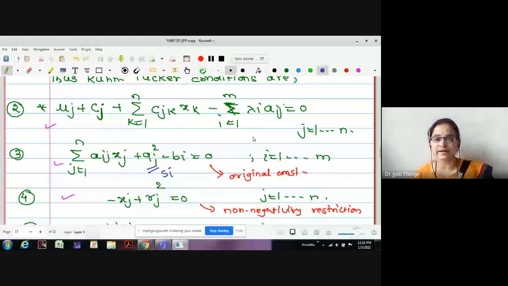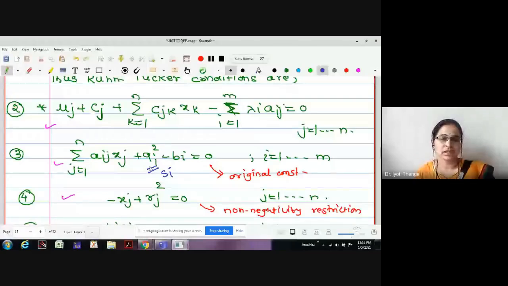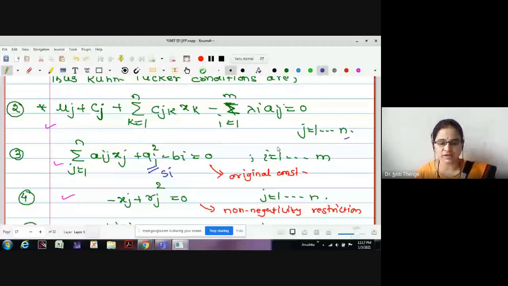Therefore, my basic variables will be all the artificial variables together with the si slack variables. How many artificials are needed? How many equalities do we have in which there is no slack variable? Equation 2 has n equations, j equals 1 to n. Therefore, we add n artificial variables in these constraints.